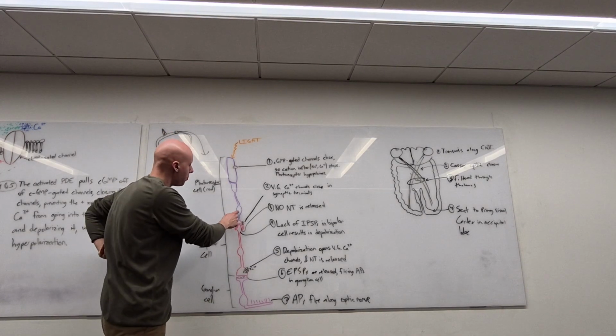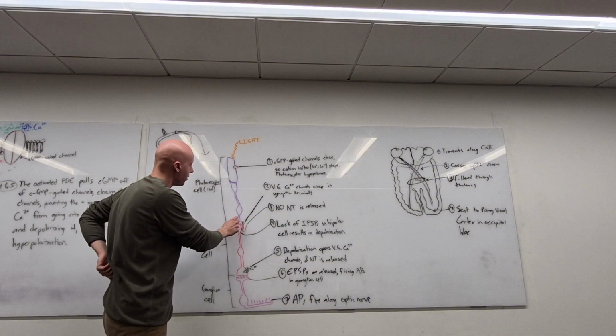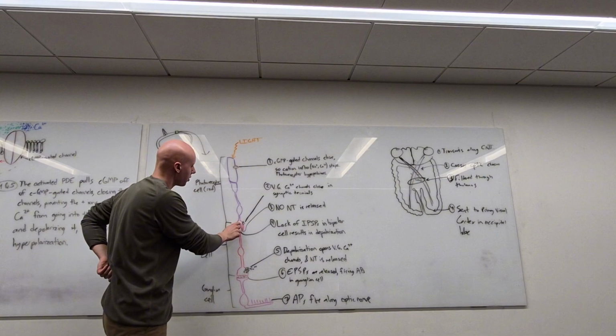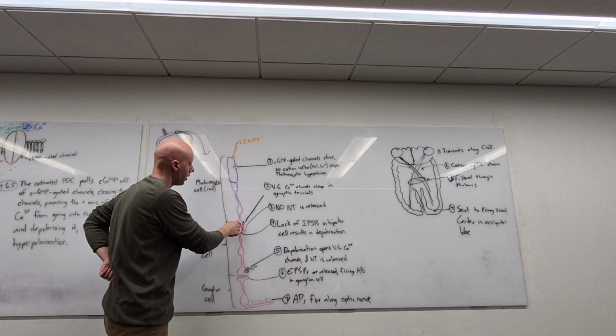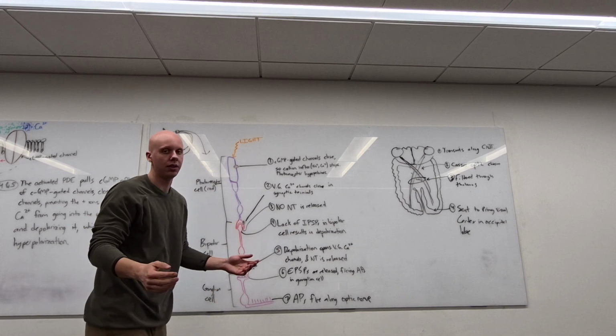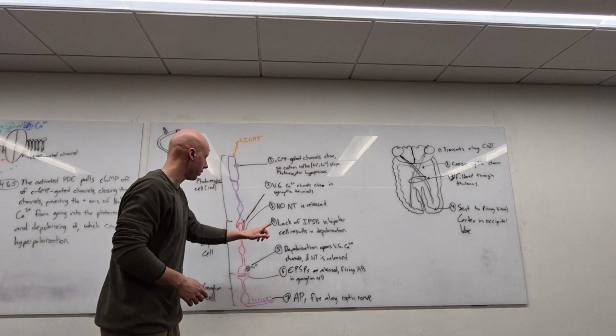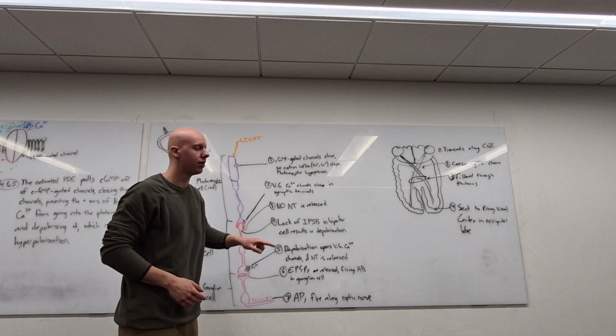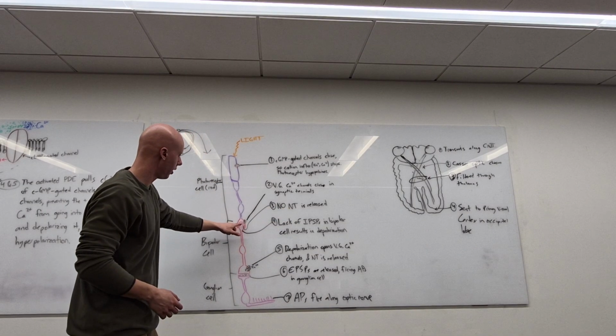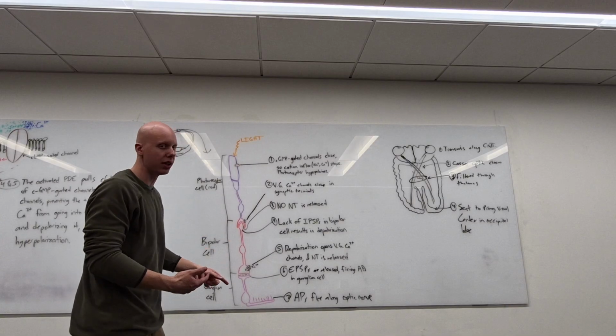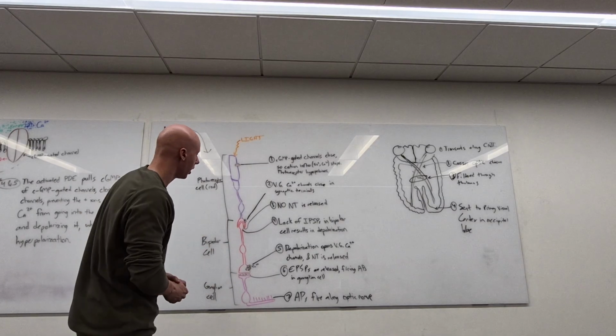And then if an AP comes down, it opens them up, causing calcium influx to interact with the vesicles to release the neurotransmitter. Well, none of that's happening here because you have a hyperpolarized cell. Therefore, no neurotransmitter is released to bind to the next cell, which is the bipolar cell.